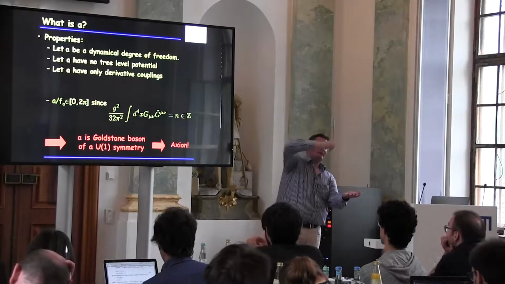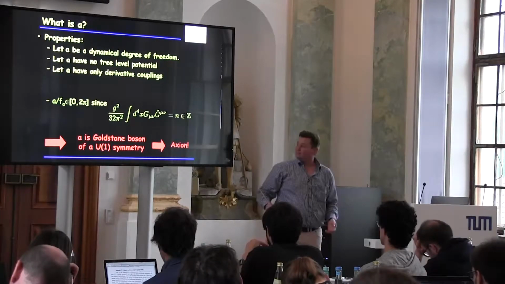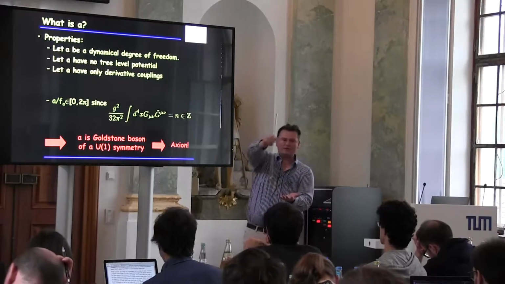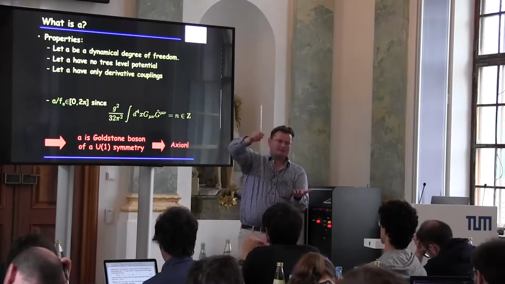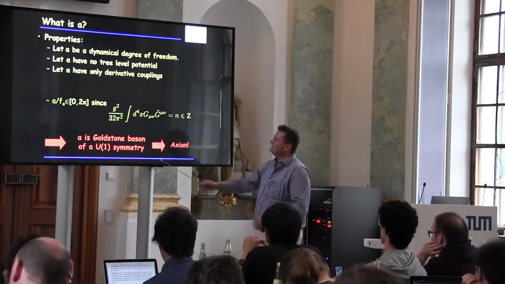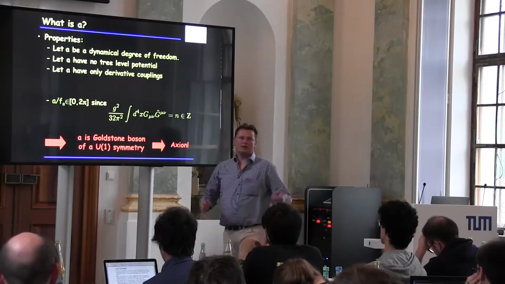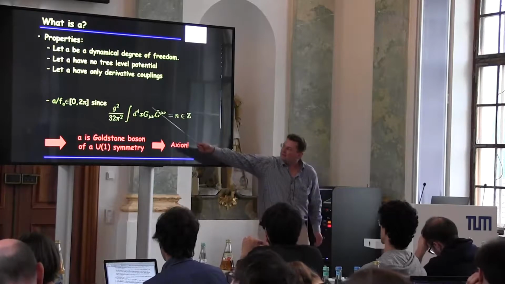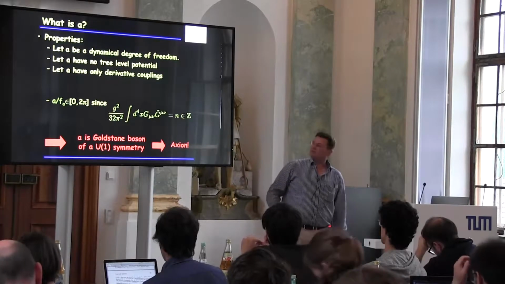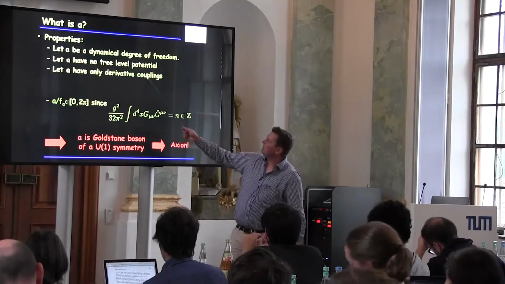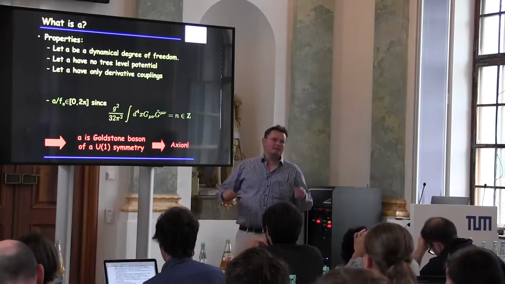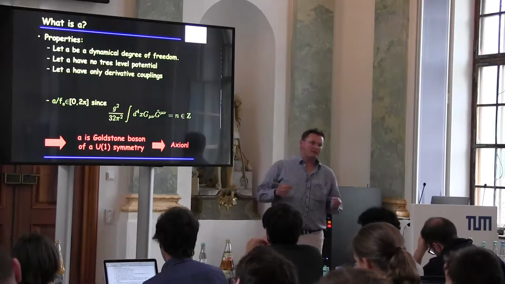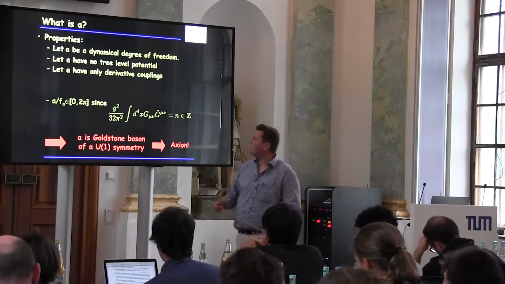So basically, a Goldstone boson of a U1 symmetry that is spontaneously broken with a VEV that is Fa has exactly this property for the field range. We also know that Goldstone bosons, because of symmetry, have at best derivative couplings.